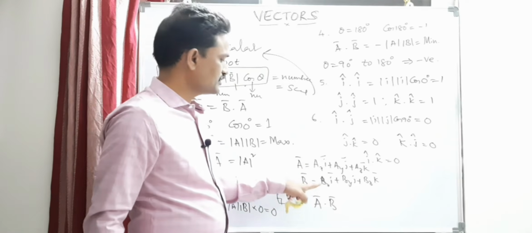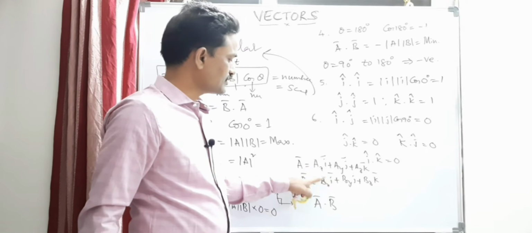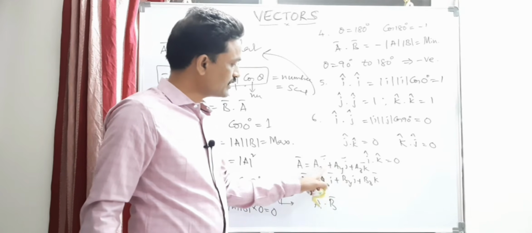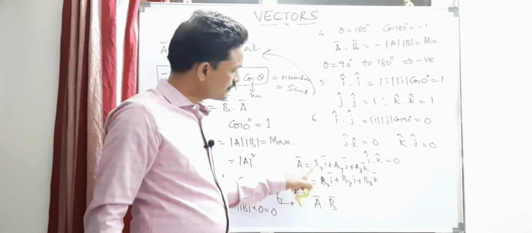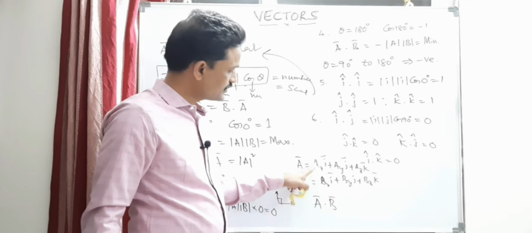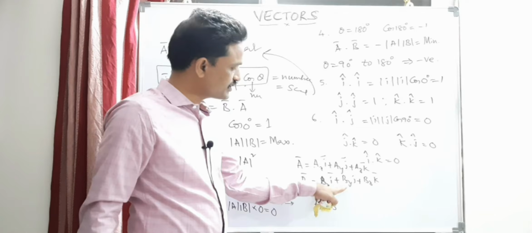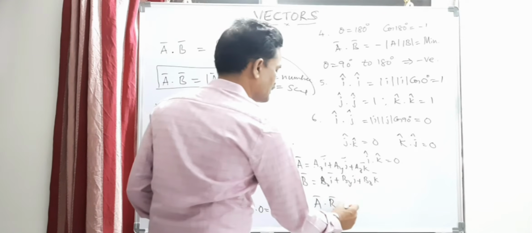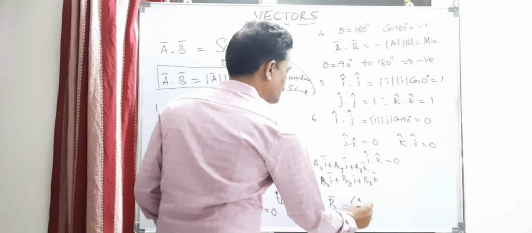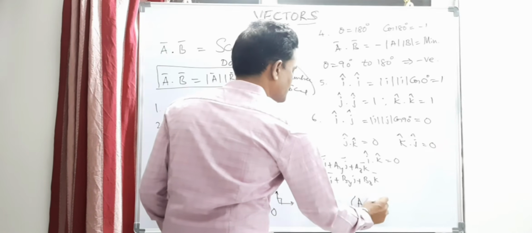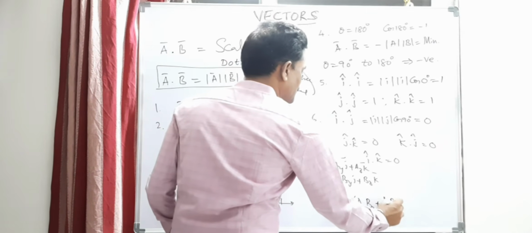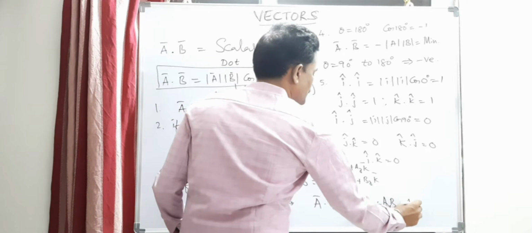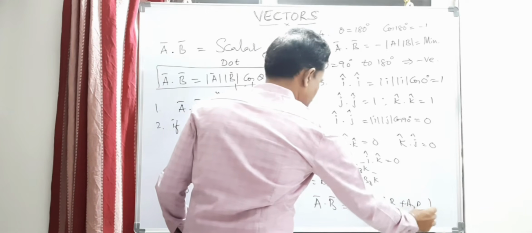So AX into BX, I dot I is 1. AX, BY, I dot J is 0. So multiplication of AX with this only gives AX BX. With the others it becomes 0. So you'll end up with A dot B equal to AX BX plus AY BY plus AZ BZ. This is very simple.